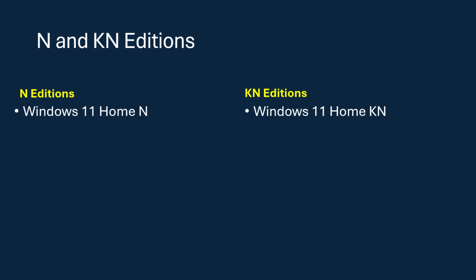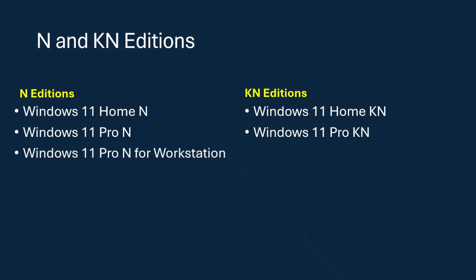As you can see here, this is the N edition. This is for European countries, and KN is for South Korea. And the other editions are the same for Windows. For the Pro, we have Windows 11 Pro N and Windows 11 Pro KN, and it goes for the other editions as we mentioned in the previous slide.